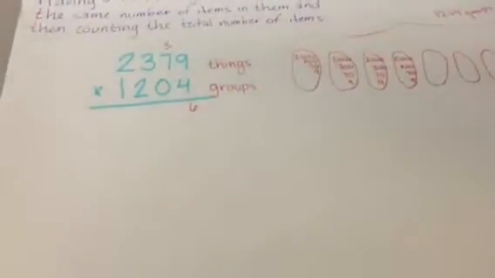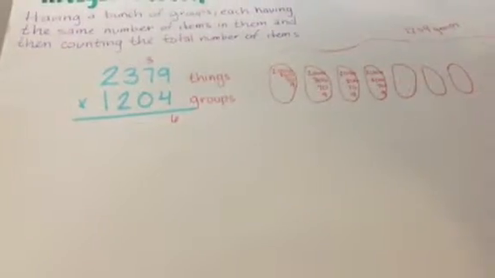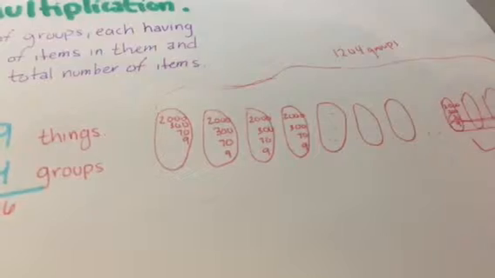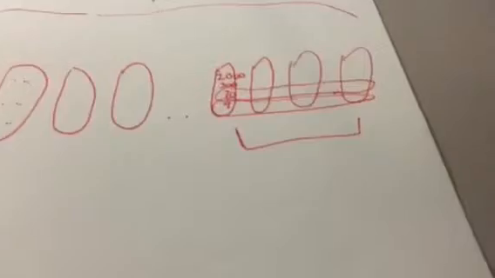Now I'm still going to be with my last 4 groups, but now I'm going to look at the tens place, which will be the 70. So now I'm working with the 70, so it's going to be 4 times 7, which is 28, plus the 3 that I had up here, which leaves me 31.